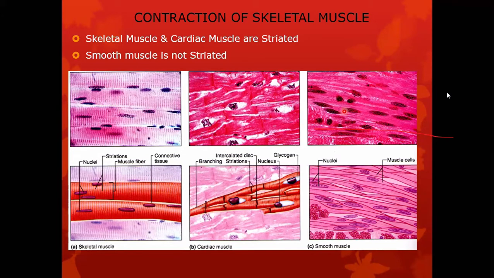And so, what do you notice? There are striations in the skeletal muscle and in the cardiac muscle, but the striation is not as much as in the skeletal muscle.